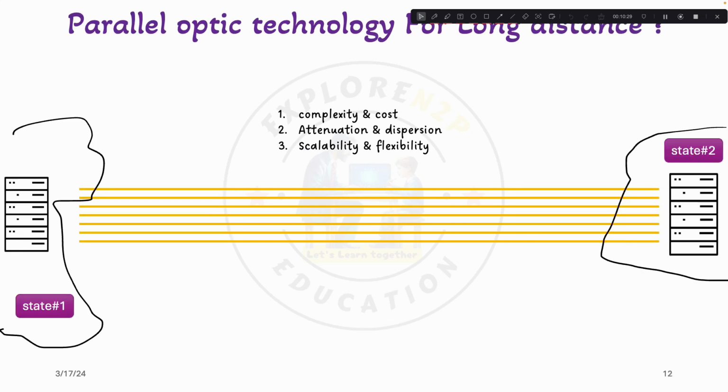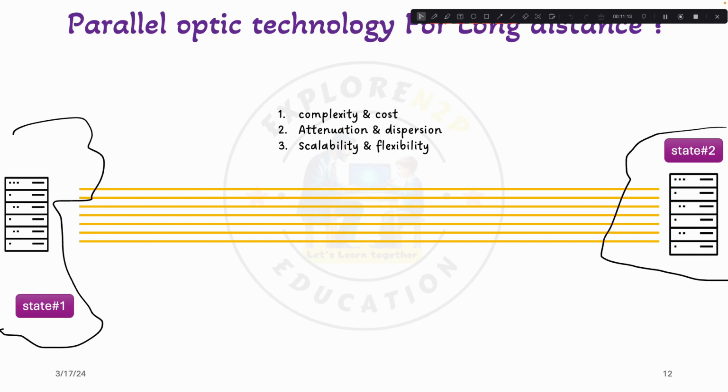And another question in the reverse order: why can't we use this parallel optic technology over long distances? For example, this is one state, this is another state. If you are running 10 fibers between two states, for example 100 miles apart, then you have to run 10 fibers. Infrastructure cost is involved, which includes the fibers, amplifiers, and the electronics for optical-electrical conversions. And obviously we have trouble in fiber optic technology, that is attenuation and signal dispersion, like chromatic dispersion.